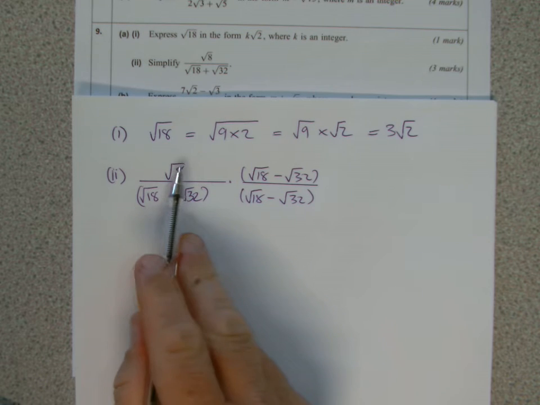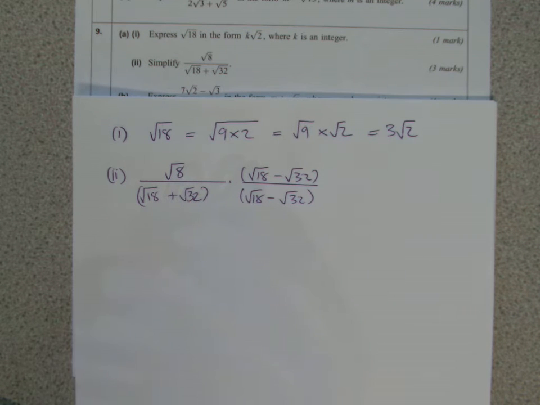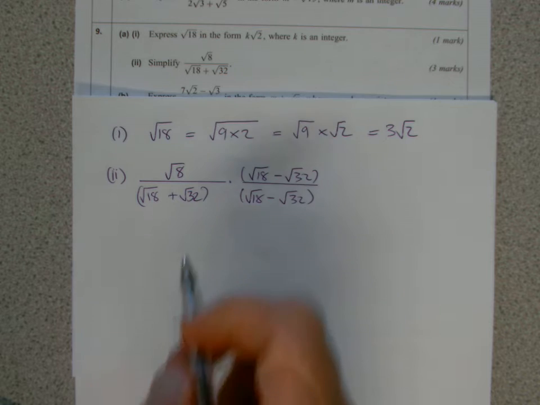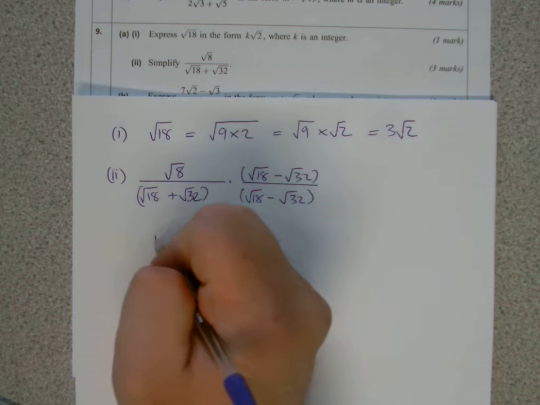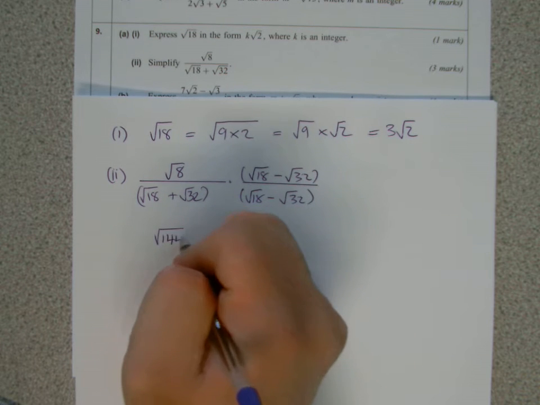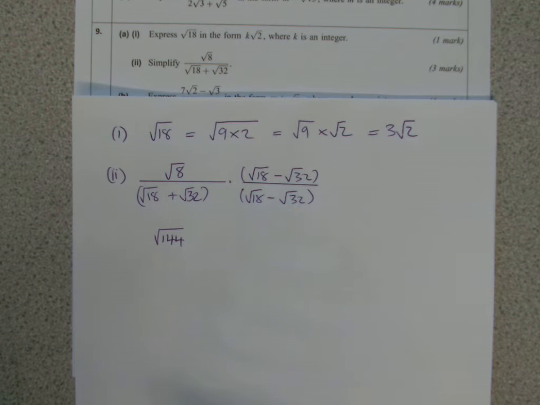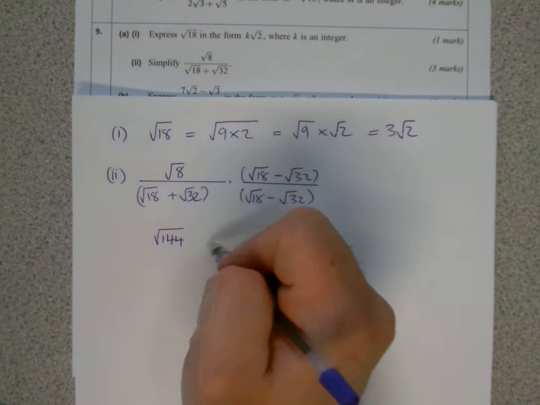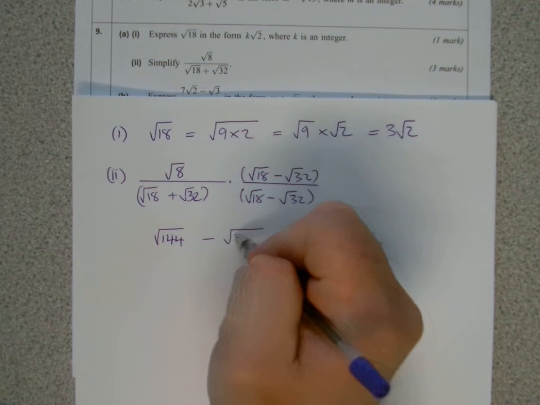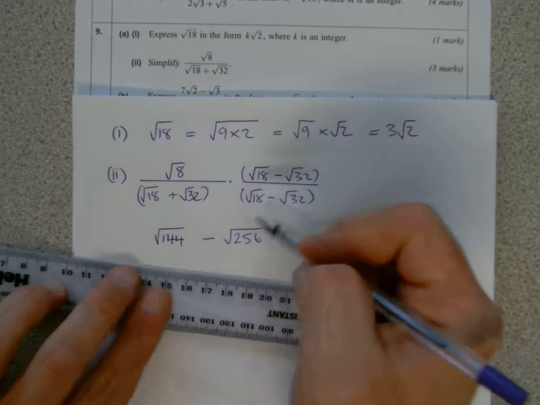So we'll have then root 8 times root 18, which will be root 144. And then root 8 times root 32, which will be root 256.